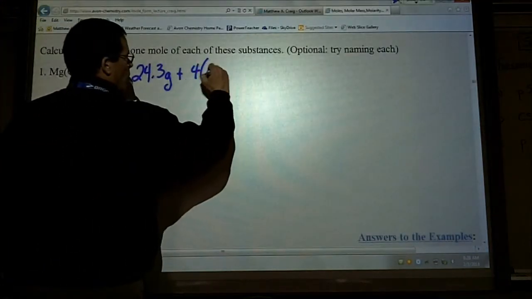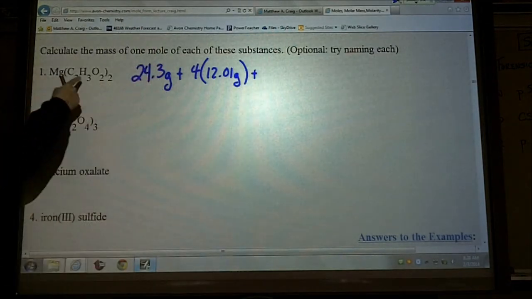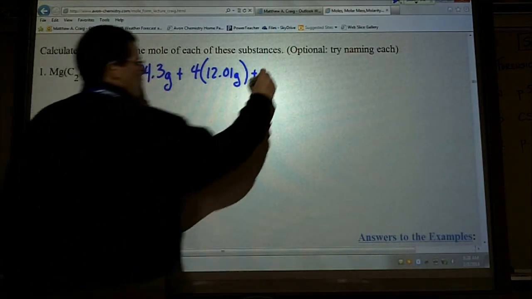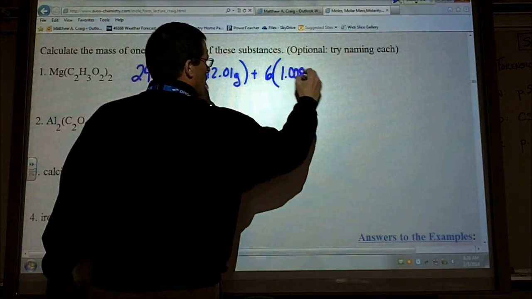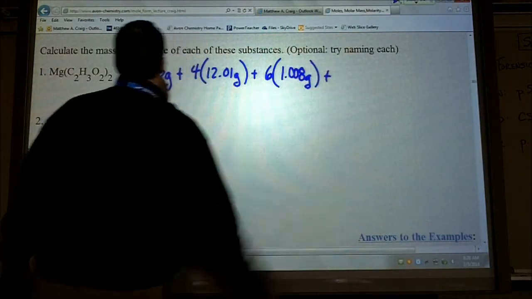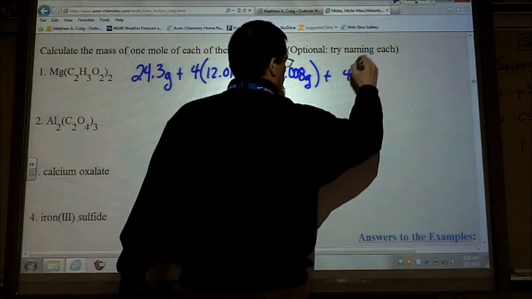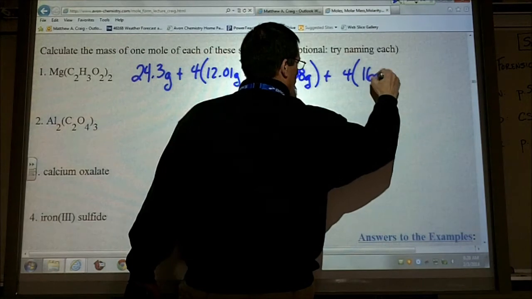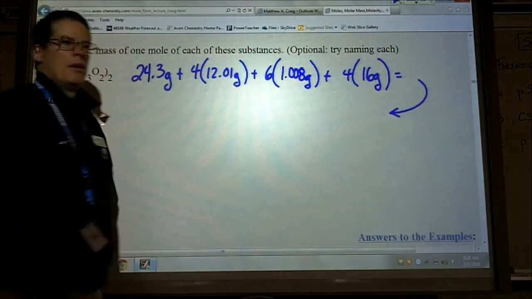So 4 times 12.01. And how many hydrogens do we have? 6 of those. And how much does hydrogen weigh? Very good. And how many oxygens do we have? 4. And how much does oxygen weigh? 16. And add all that up.